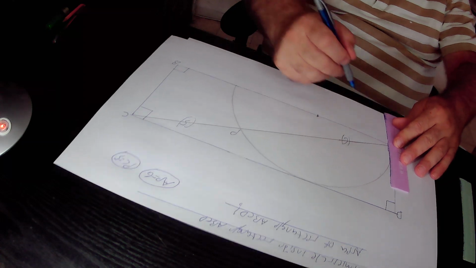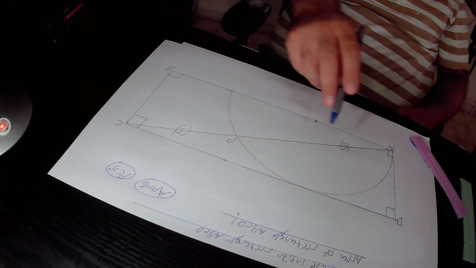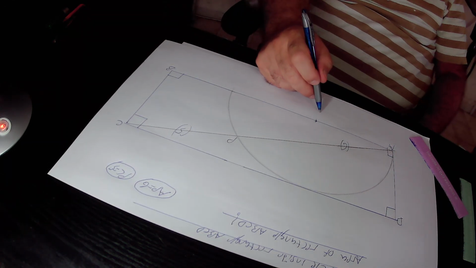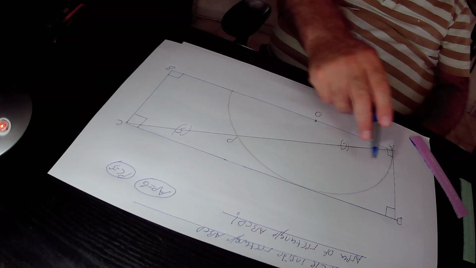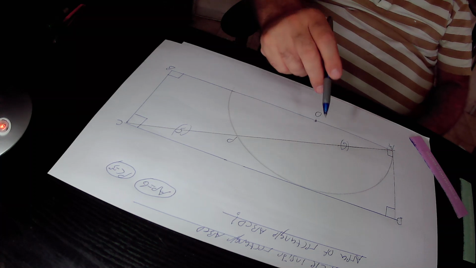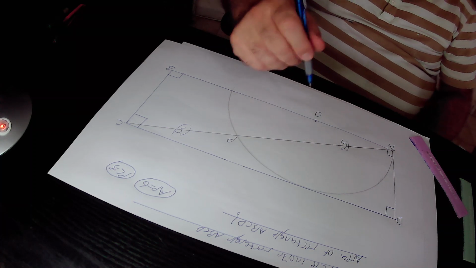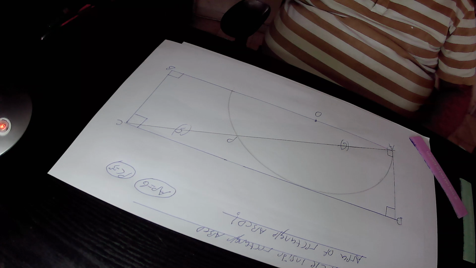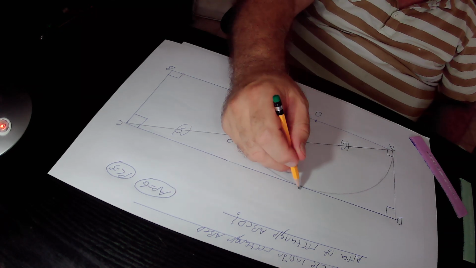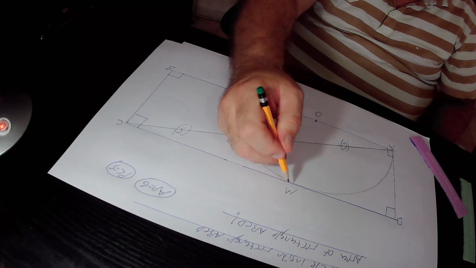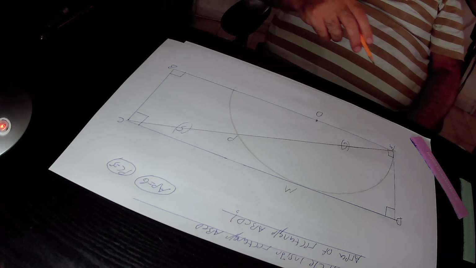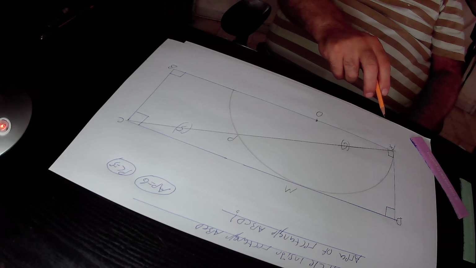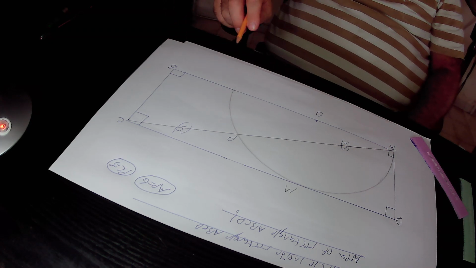In the next step, we will define the center of this semicircle. This point is point O. We will define the point of tangency of tangent DC with this semicircle. This point is point M. We will define the touching point of this semicircle with side AB of this rectangle ABCD.